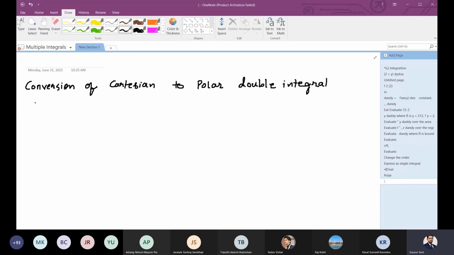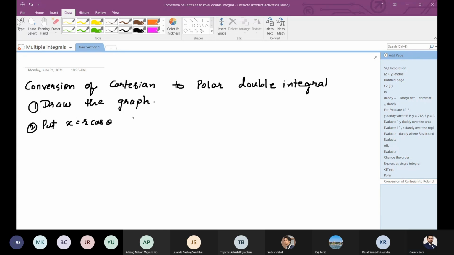The first step, draw the graph, as it is very important if we want to give the limits. Second, put x is equal to r cos theta, y is equal to r sin theta.